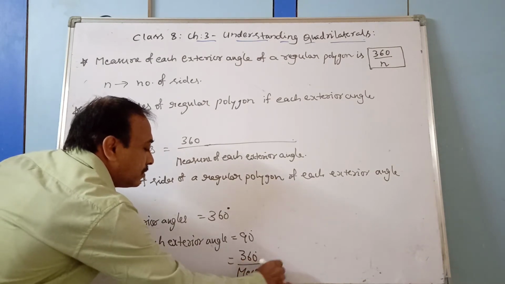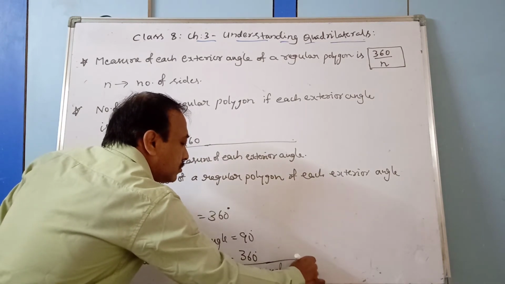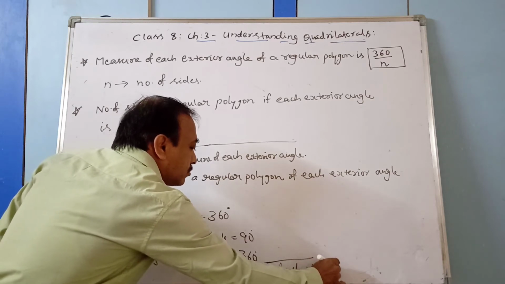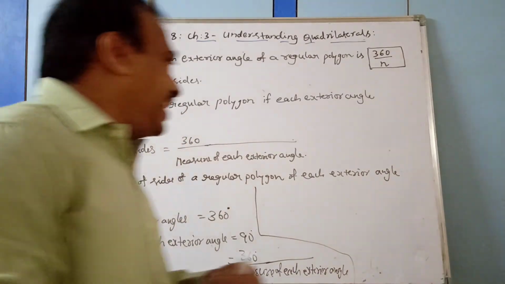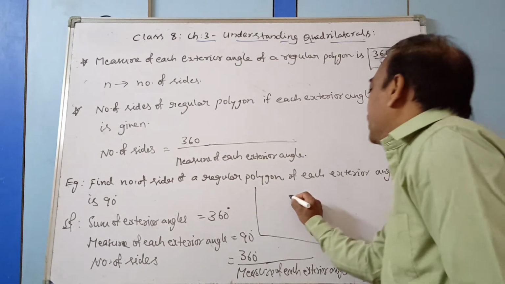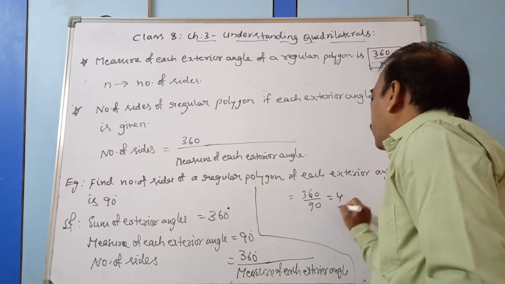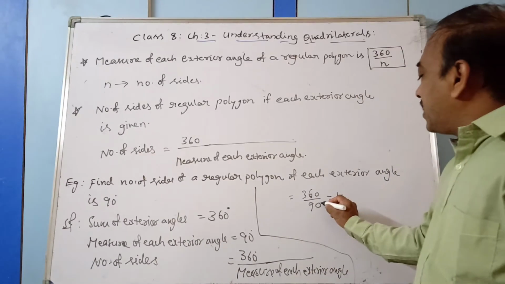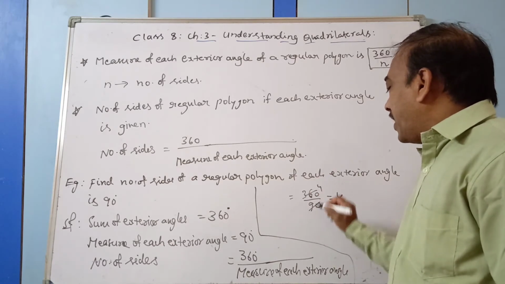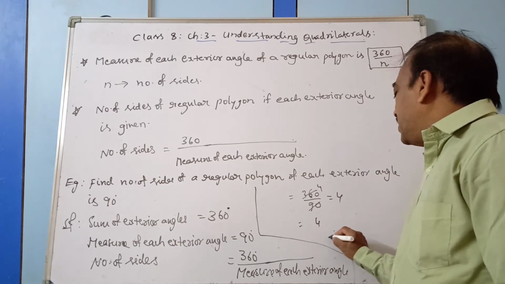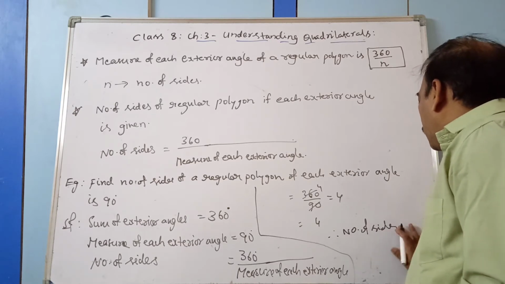Now 360 by 90, which is equal to 4. 9 4s are 36, the zeros cancel, that is also how you can do it. So which is equal to 4. How many sides? Therefore number of sides is equal to 4.